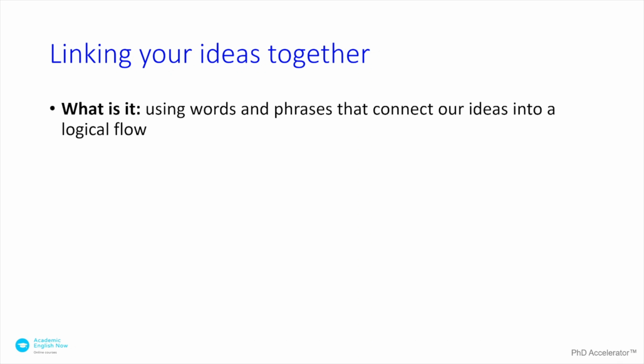So first of all, what is linking your ideas together? It's basically using words and phrases that connect our ideas into a logical flow. So to give you an example of a word: firstly, secondly, however, right? These words connect our ideas. But of course, we can also use whole phrases, like despite the fact that.